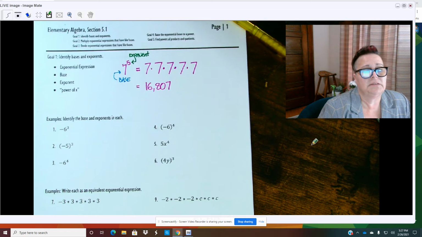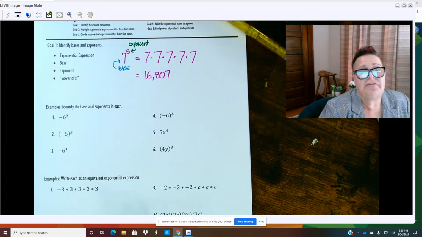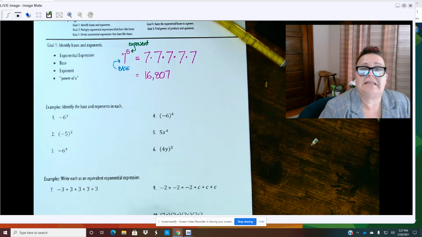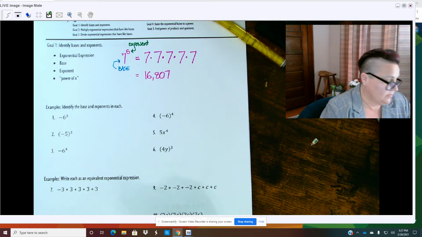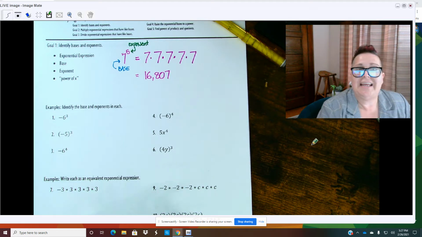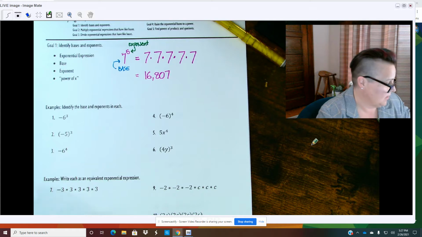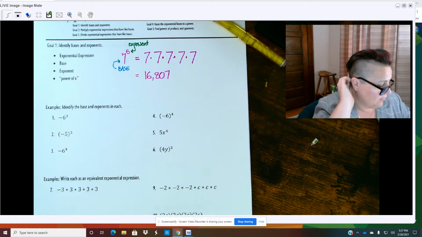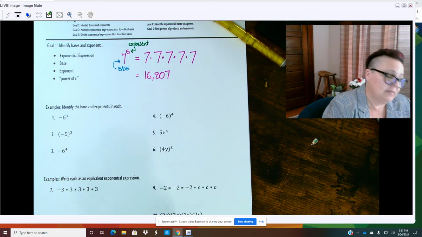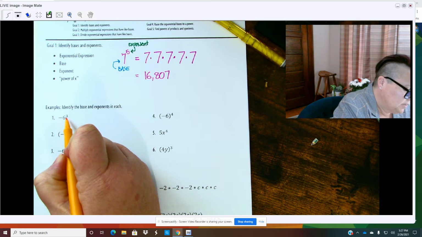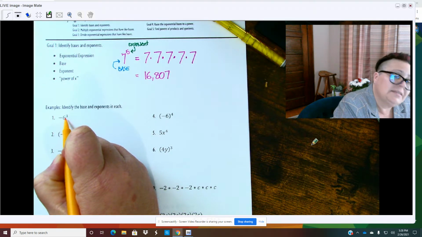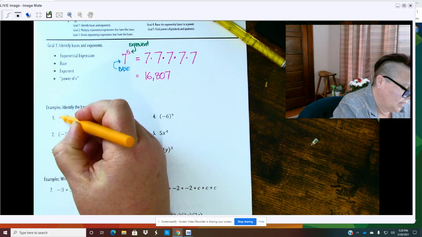For an example, we're going to have to be able to identify the base and the exponents in each of these examples below. It's not quite as easy as you think. So when we're identifying the exponent and the base, the exponent here is 3. The base is what's being multiplied.